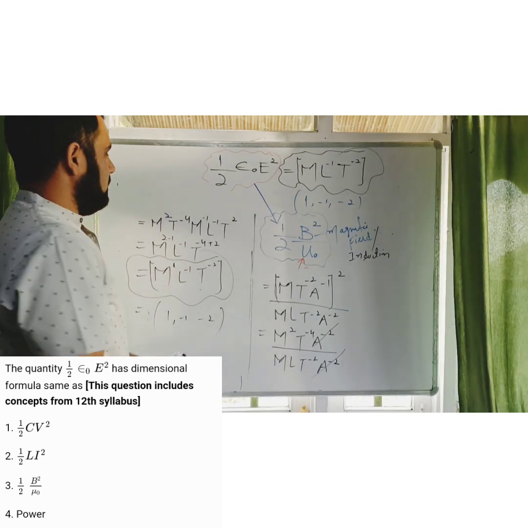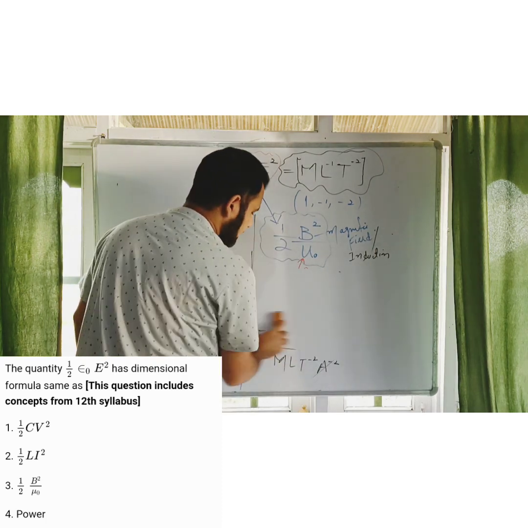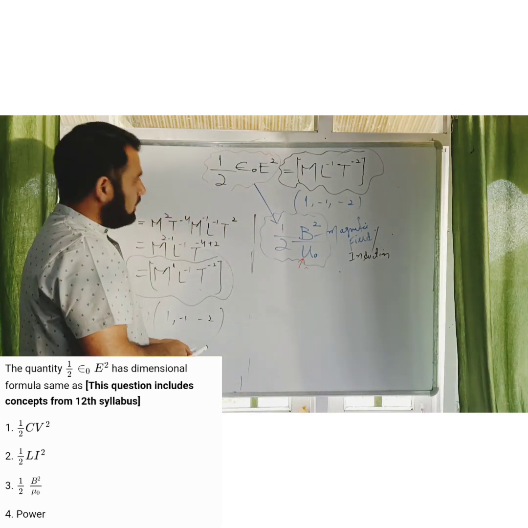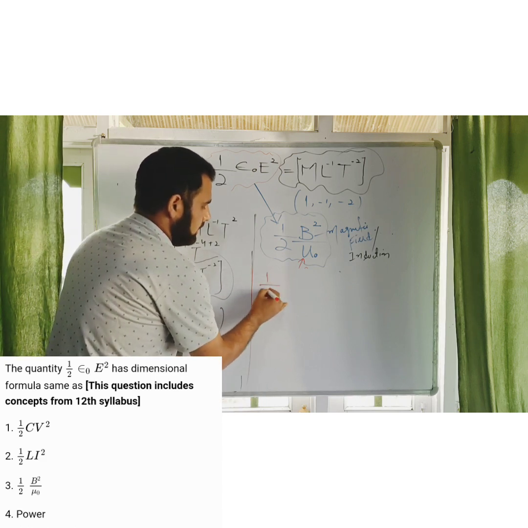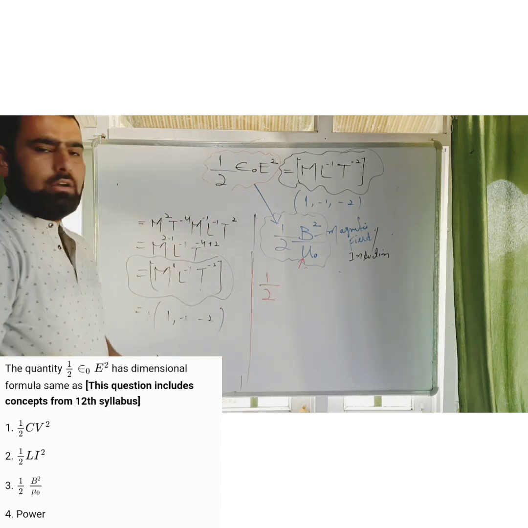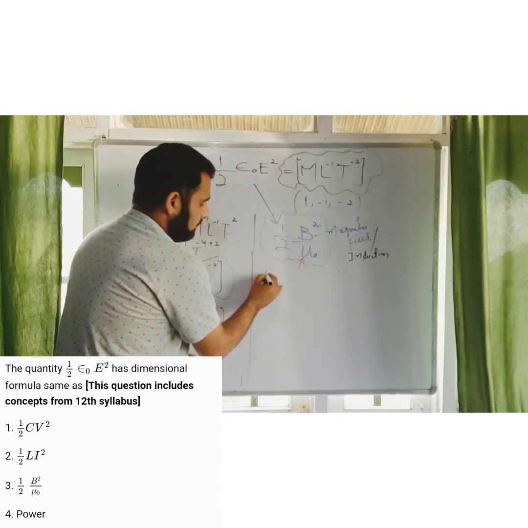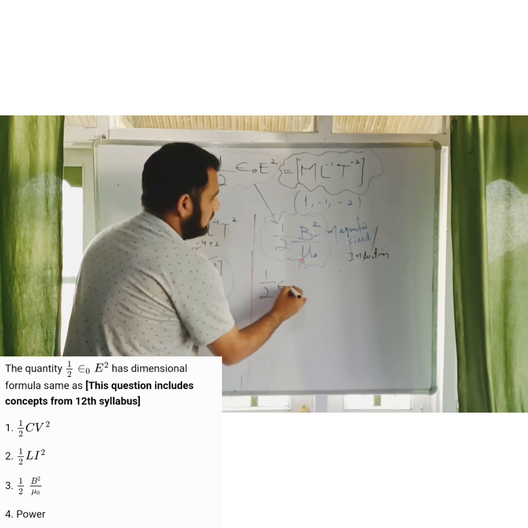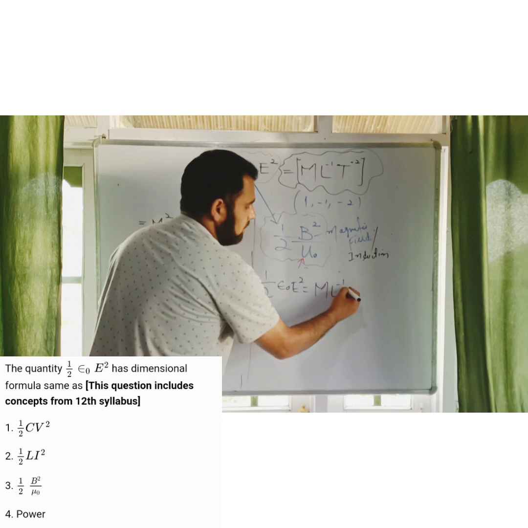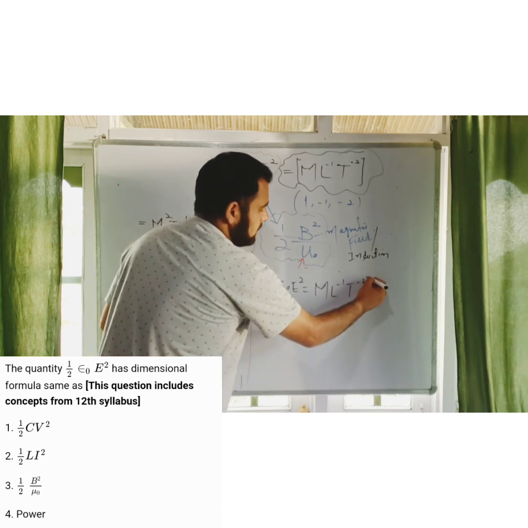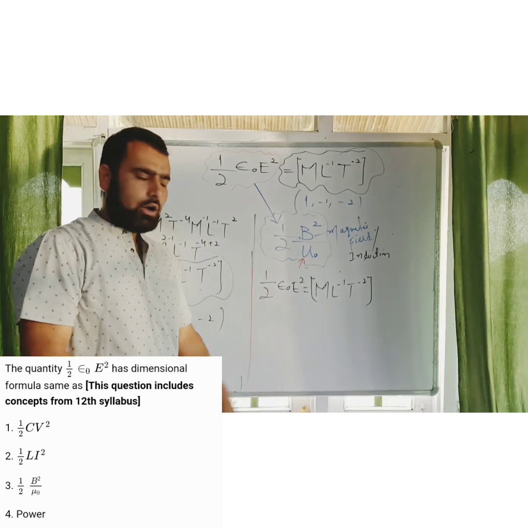So what we conclude here from the NEET point of view, keep this in mind because this is a repetitive question of the NEET exam: 1 by 2 epsilon naught E square has dimensional formula M L raised power minus 1 T raised power minus 2, as we verified by both the shortcut and the long method.